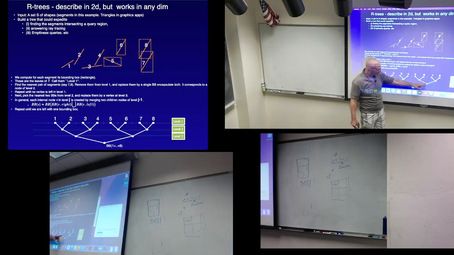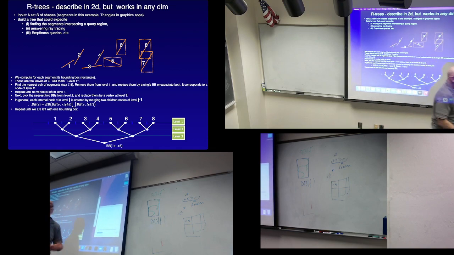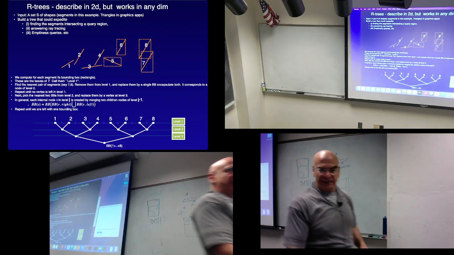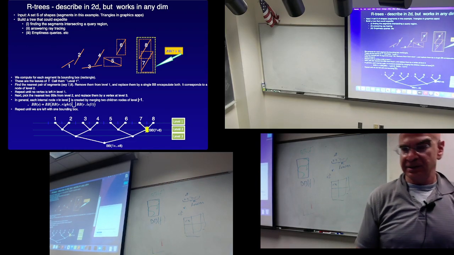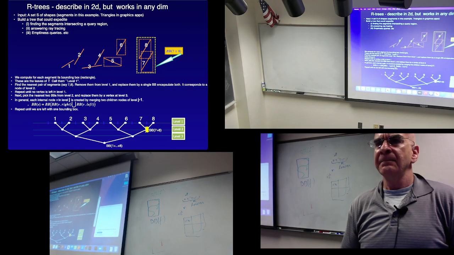Now I'm going to pick two segments, hopefully close to each other, and I'm going to merge them. Merge them means what? Pick two of them, say these two, compute their bounding box. But here's the fun thing about the bounding box.